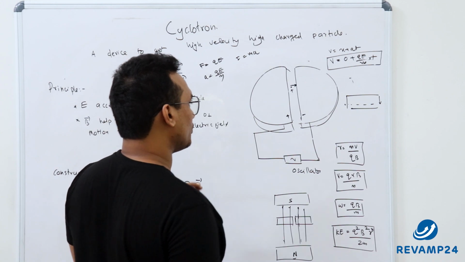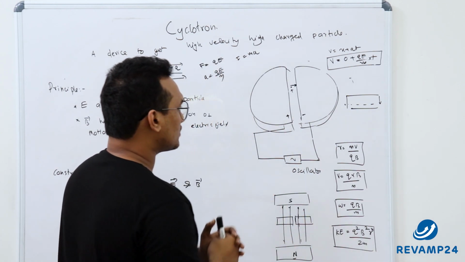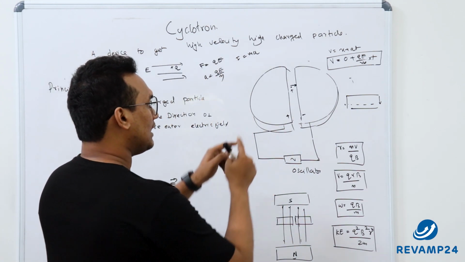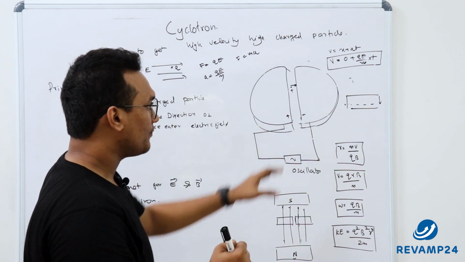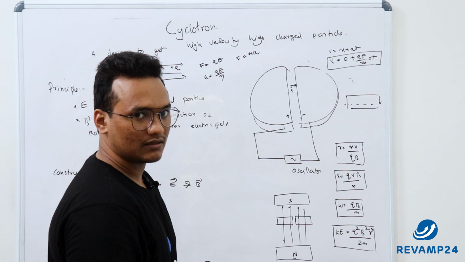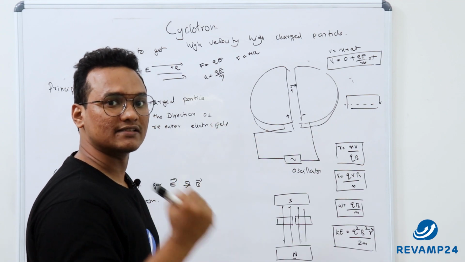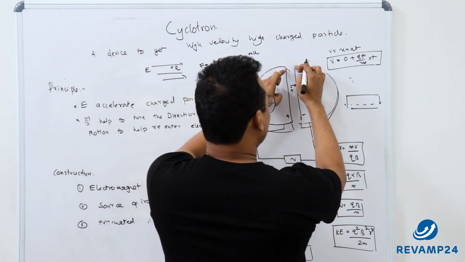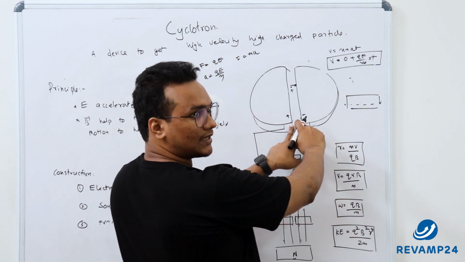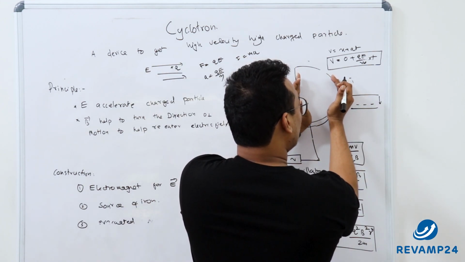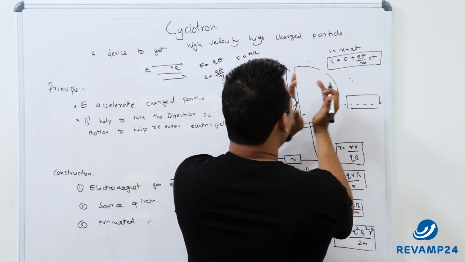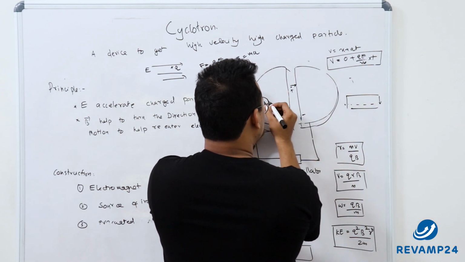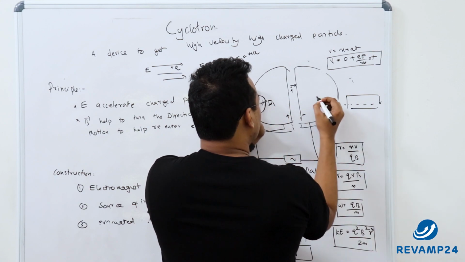Now, one more thing you know from the first chapter: the electric field inside a metallic shell or metallic cavity will be 0. This gap is not inside the metallic cavity. Inside the D will be the cavity inside a metallic shell, so this is D1, this is D2.